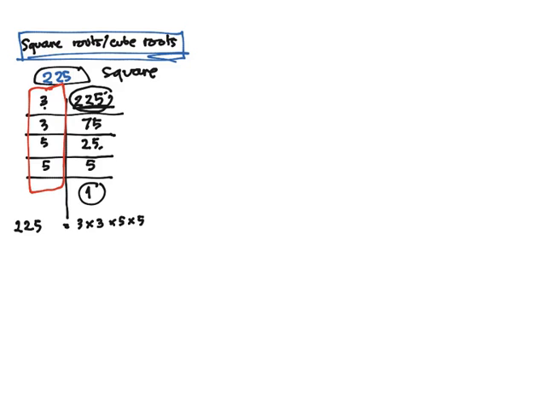Because in this question we want to look for the square roots, we group this prime factorization into 2 groups, which is equal to 3 times 5 multiply 3 times 5, or we can write this down as 3 times 5 to the power of 2.